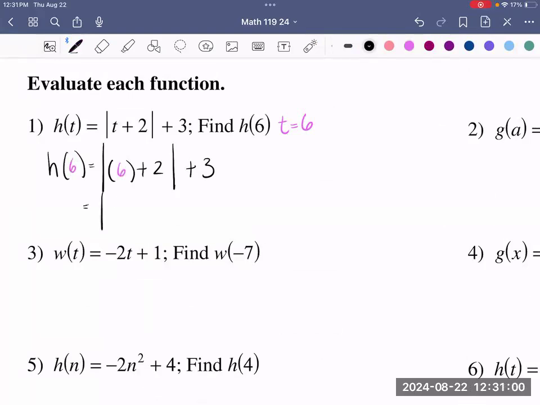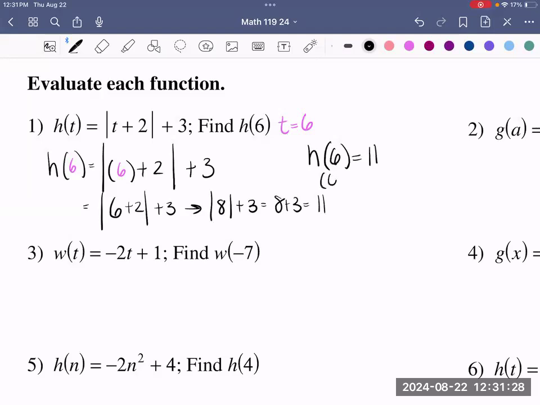So we have the absolute value of 6 plus 2, plus 3. Now, absolute values, think about distance. So if you get a negative value in it, you're just going to use its positive counterpart. So you have the absolute value of 8, plus 3, or 11.